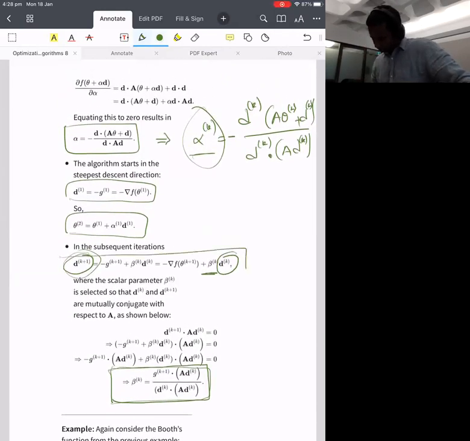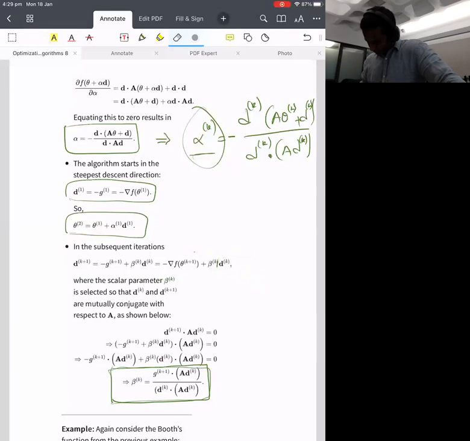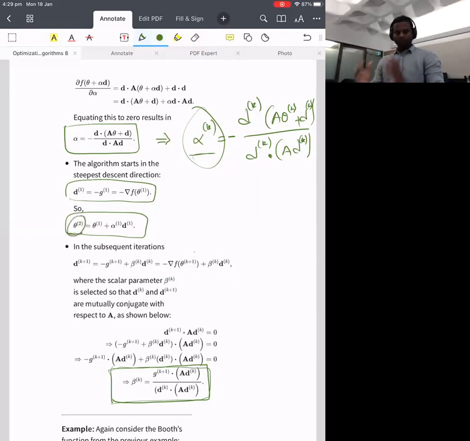You mean here? Let's see why it is. Just think that you're at the second iteration. You already have theta 2 from the first iteration.